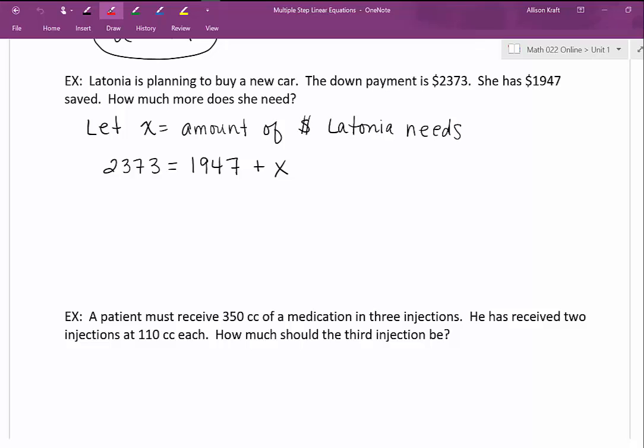Since all of our variable terms are already collected on the right, that means that I must move my constant terms to the left. To eliminate a positive 1,947, I'm going to subtract 1,947 from both sides.